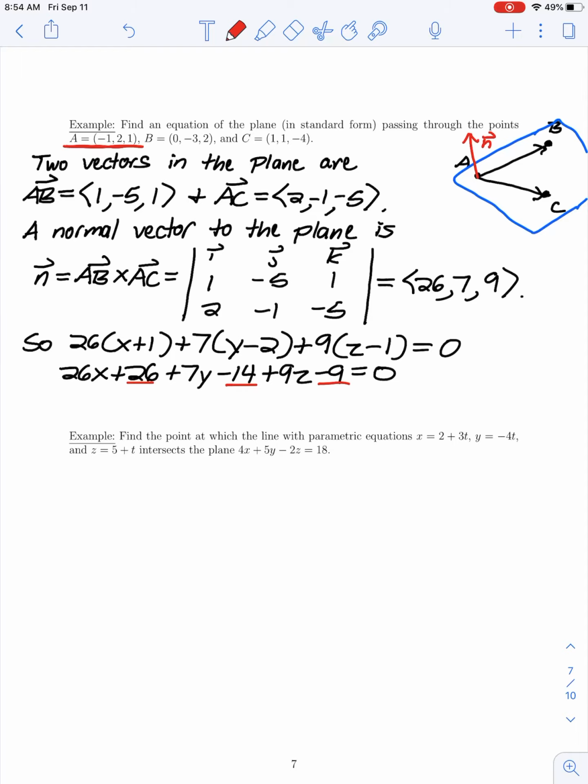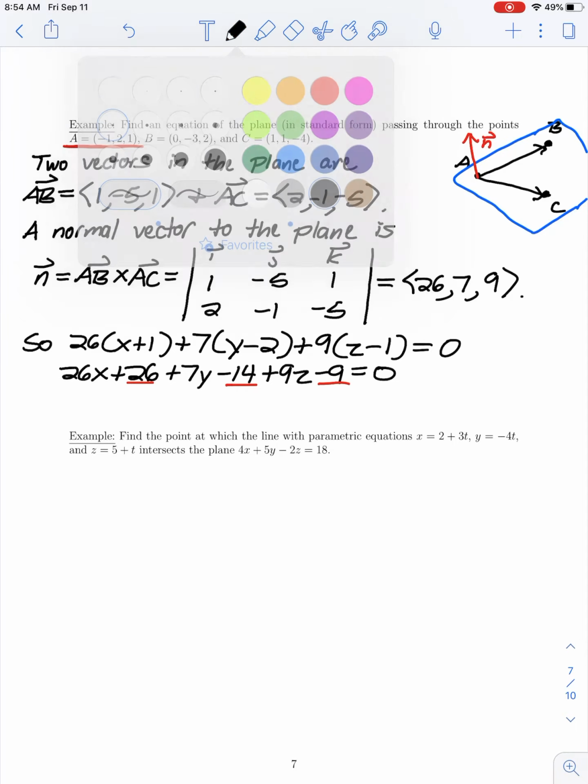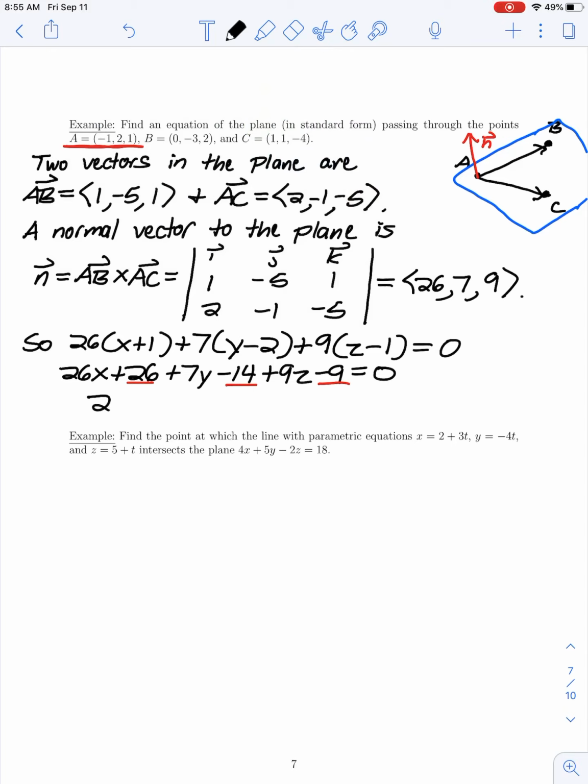So if I move all of my constants to the right-hand side of the equation, I would be left with 26x plus 7y plus 9z is equal to -3. So this would be the equation of that plane in standard form, which contains these 3 points, A, B, and C.